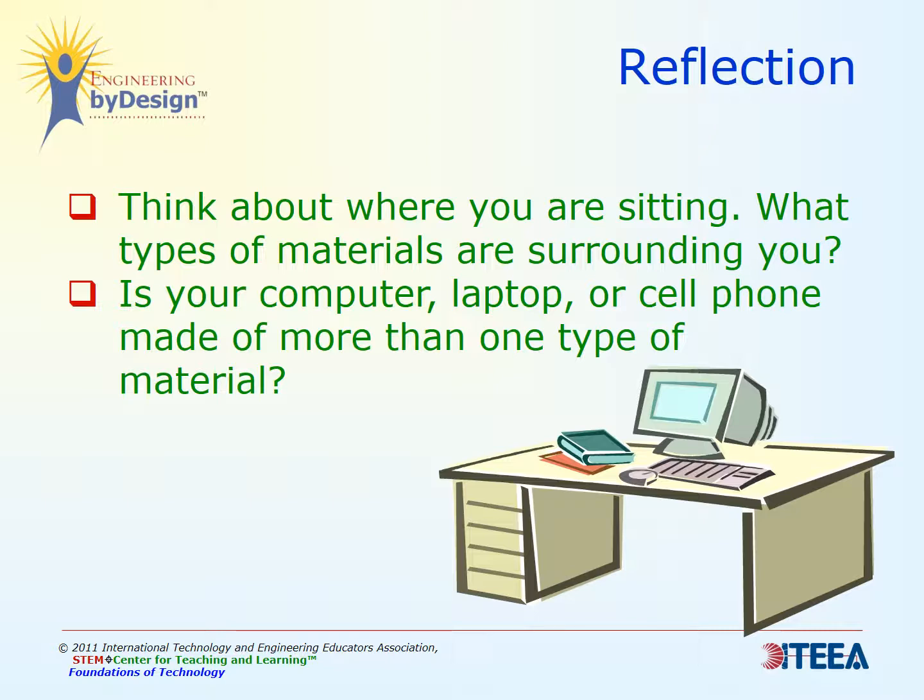Your monitor screen is made of one kind of material. The outside frame of the monitor is made of something else. Your computer's made of a different metal. So you've got metal, you've got polymers, you've got glass, you've got rubber cords coming out of it. Several types of materials go into making up a component.